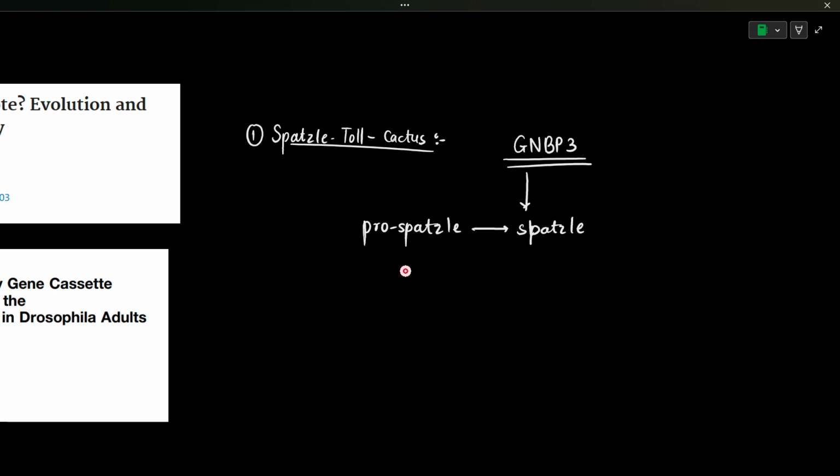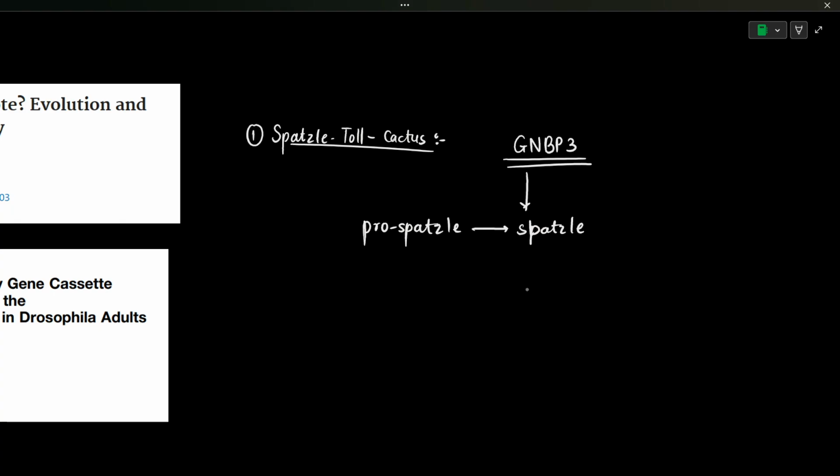The extracellular domain of the Toll receptor binds to Spätzle, and once it binds, it gets dimerized, and this dimerization of the Toll receptor activates the intracellular signaling pathway.